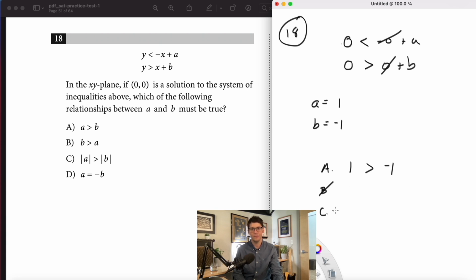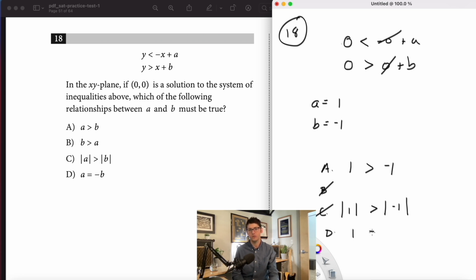C says that the absolute value of 1 is bigger than the absolute value of negative 1. All absolute value means is the distance from 0. These are the same distance from 0, 1 and 1. Both of them are 1 unit away from 0. Even though this is negative 1, it's a distance of 1 away from 0. It is not true that the absolute value is bigger. They're actually equal, right?